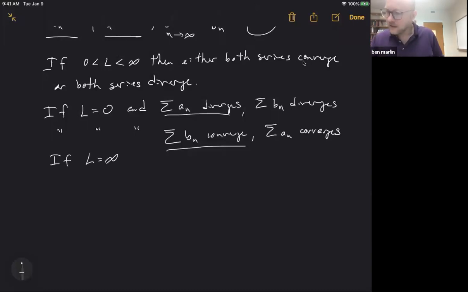And I don't think that your text actually writes out all of these implications of what they've got. If the summation of the b_n's diverges, the summation of the a_n's have to diverge as well if you were getting infinity out of it.